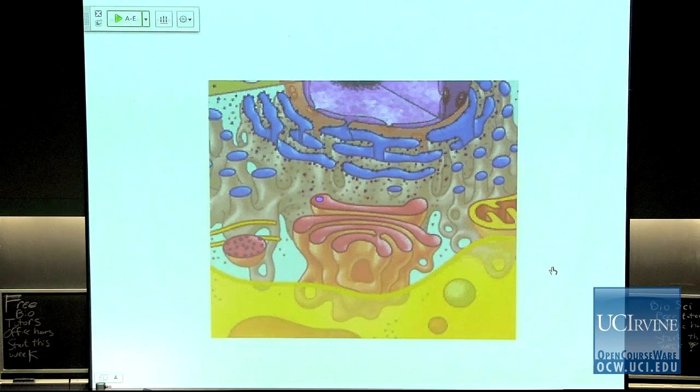The Golgi apparatus modifies the protein. The protein is dispatched from the Golgi in a transport vesicle that then fuses with the plasma membrane, releasing the protein to the outside. But remember, there's a motor protein that's carrying this vesicle along microtubule tracks.